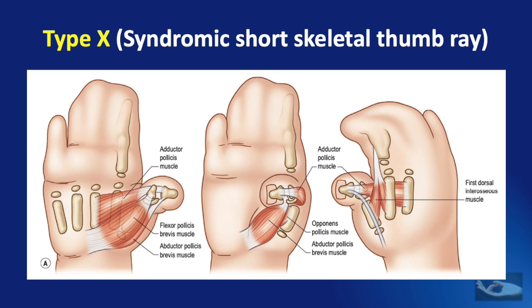Usually in this condition, there is a short thumb with or without a radial clinodactyly, which is a radial deviation at the level of the proximal phalanx. This is because primary osseous abnormalities are usually seen at the proximal phalangeal level in this type of thumb.